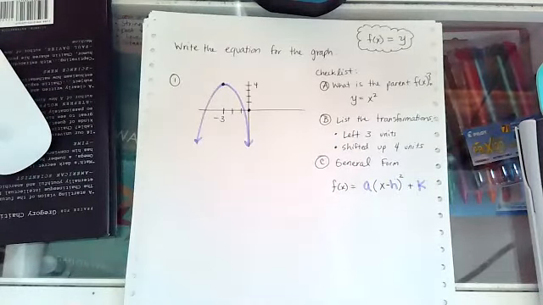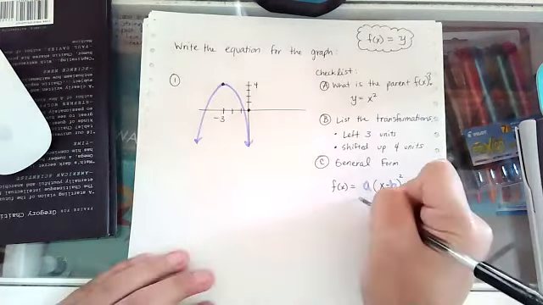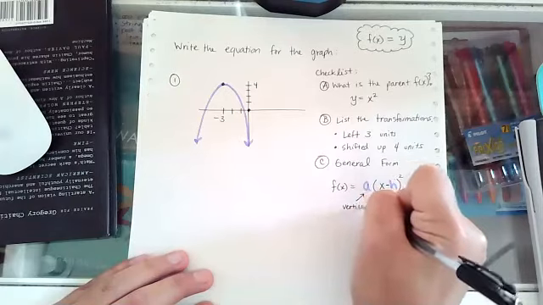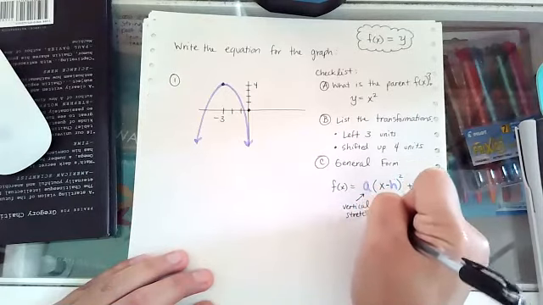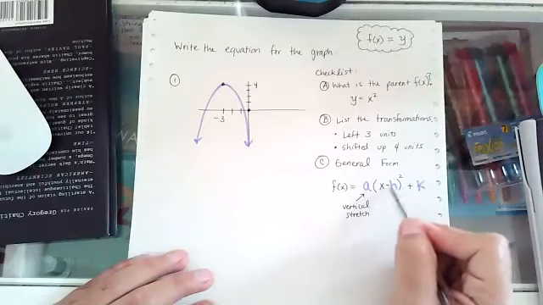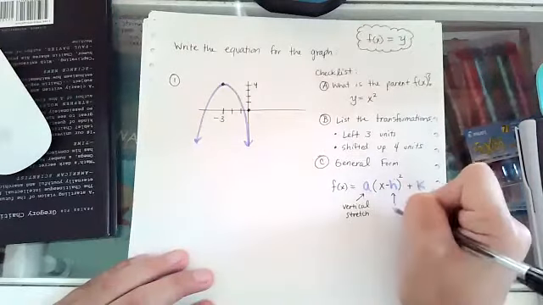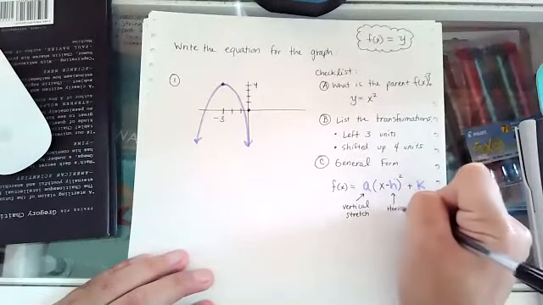You could think about these as being the parameters that affect the transformation, where the number out here influences the vertical stretching. The number next to the input is the horizontal shift.